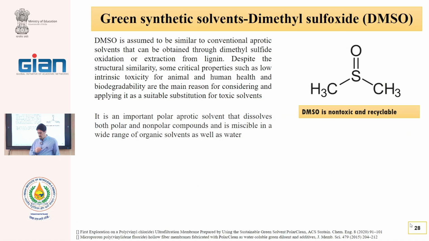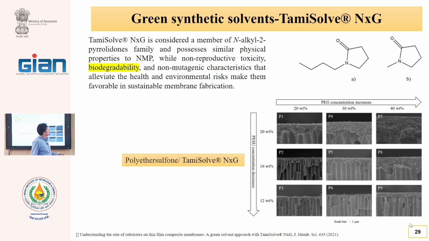The most famous green synthetic solvent is DMSO. DMSO is traditionally used in membrane fabrication and has similar behavior to DMAc. The obtained solution has relatively high viscosity, and we can use it for fabrication of membranes.